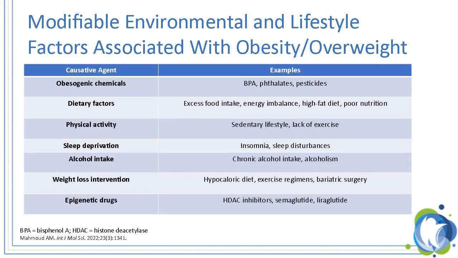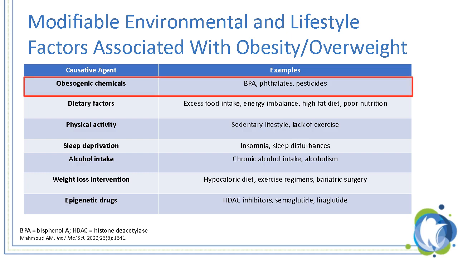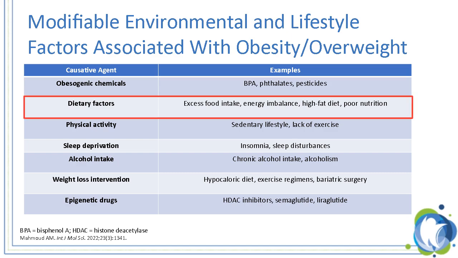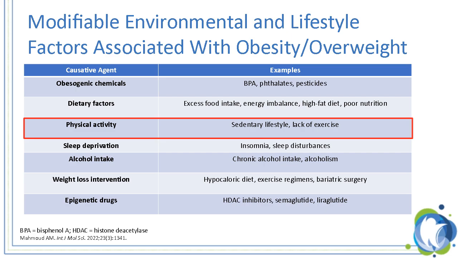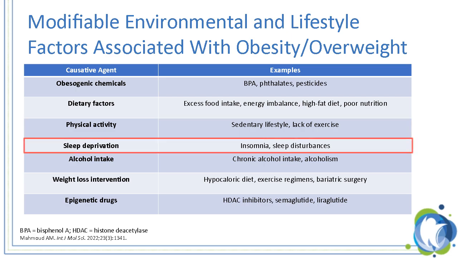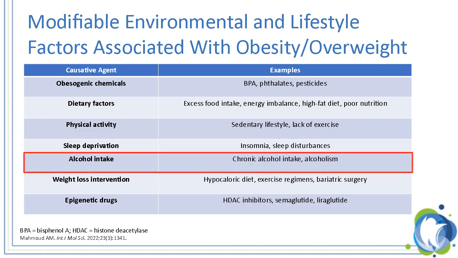Modifiable environmental and lifestyle factors associated with obesity and being overweight include the following: obesogenic chemicals such as BPA and pesticides, dietary factors such as excess food intake, energy imbalance, high fat diet, or poor nutritional choices, physical activity, a sedentary lifestyle or lack of consistent exercise, sleep deprivation, insomnia, or other sleep disturbances like sleep apnea, alcohol intake, chronic alcohol intake, alcoholism, a high social intake of alcohol as high in calories as well.